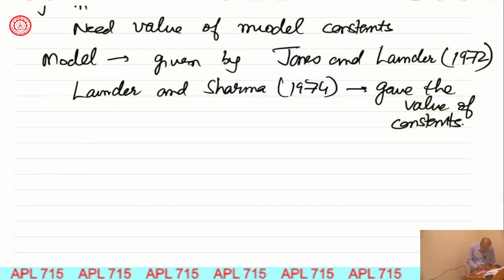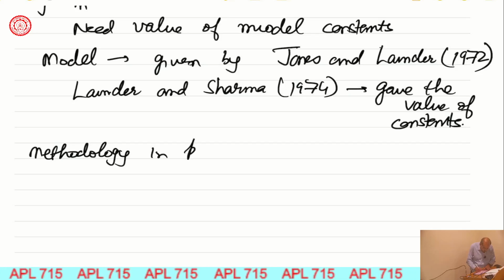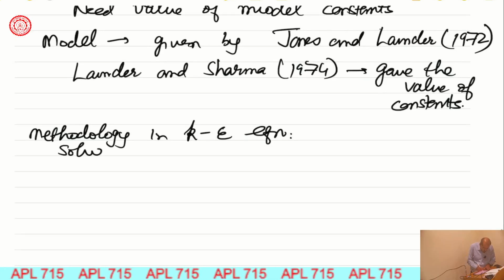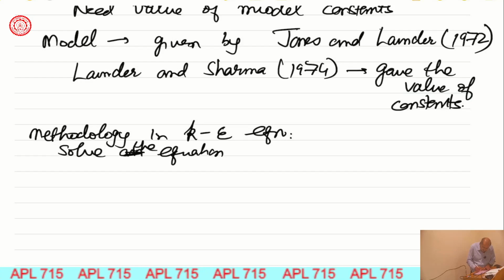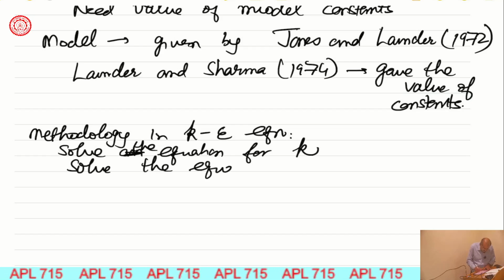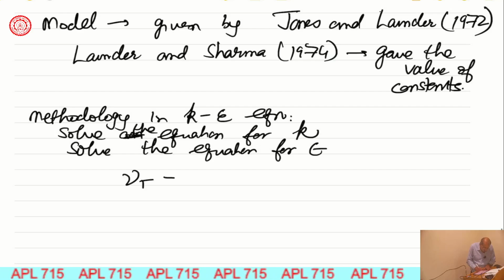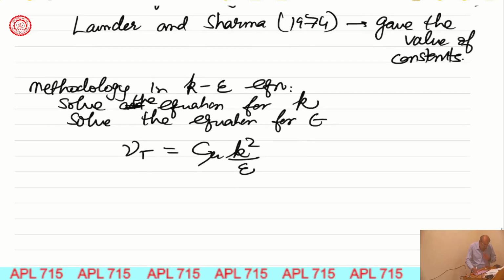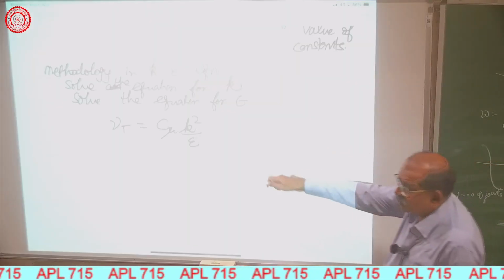So the methodology in the k epsilon model is to solve the equation for k, solve the equation for epsilon, and nu t is then written as C mu k squared divided by epsilon, and you solve these. And then you go to the mean equations and solve them.